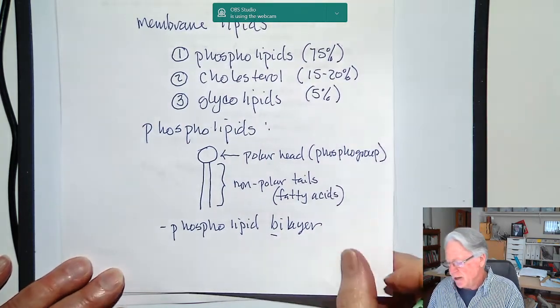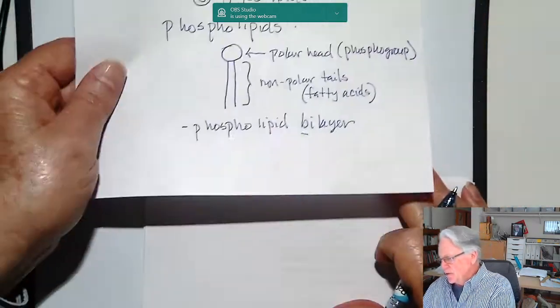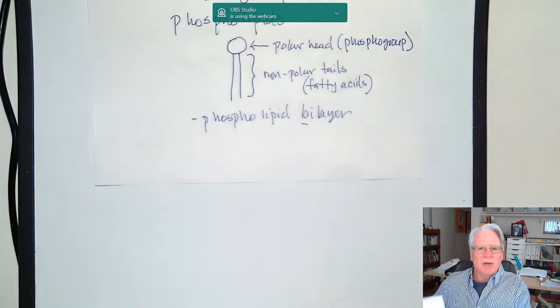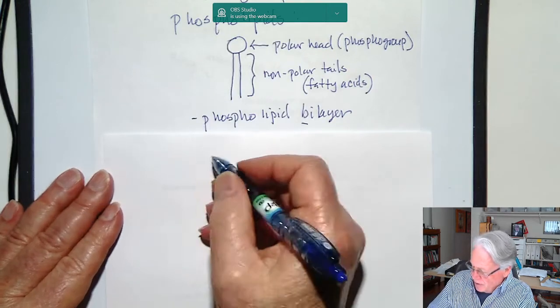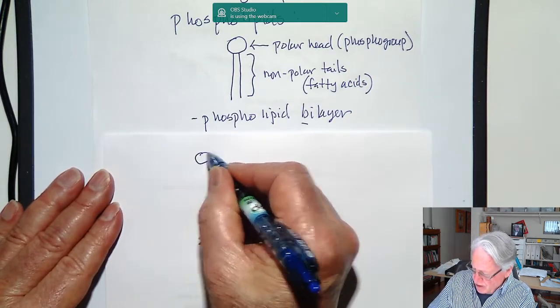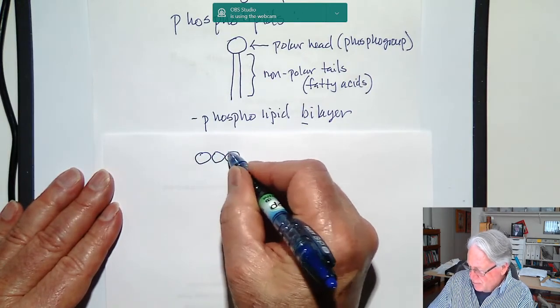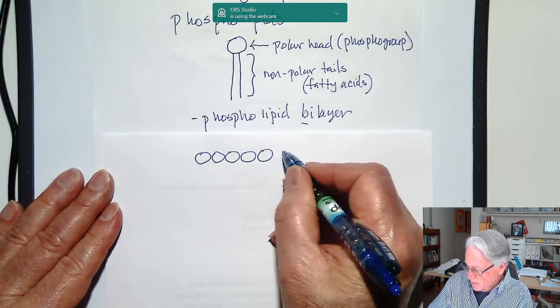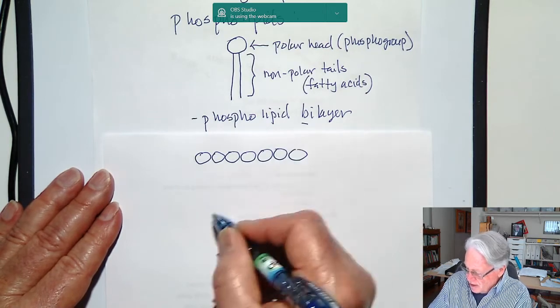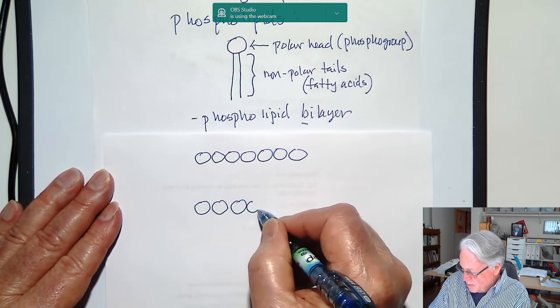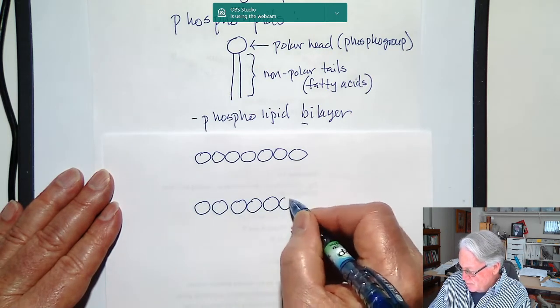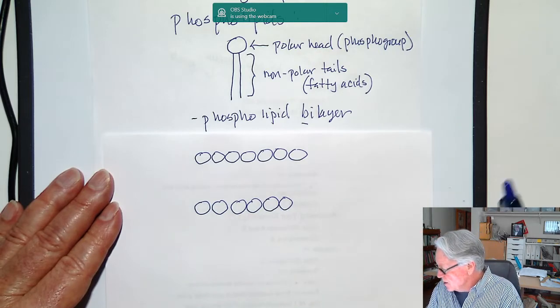So let's go ahead and draw ourselves a quick little picture to represent that phospholipid bilayer. Here I'm going to do a bunch of heads, I'll line those up here, and then correspondingly on the other side, and then we're going to bring in some tails.